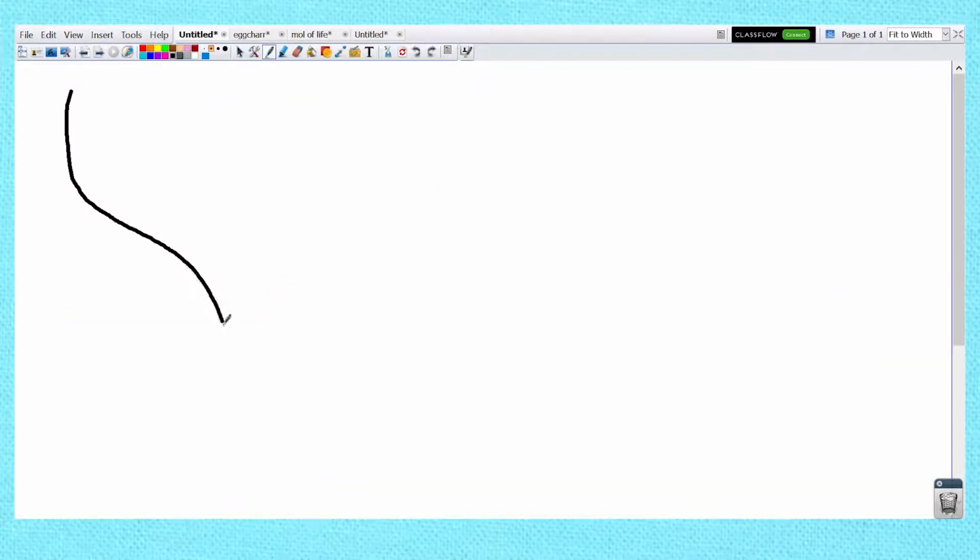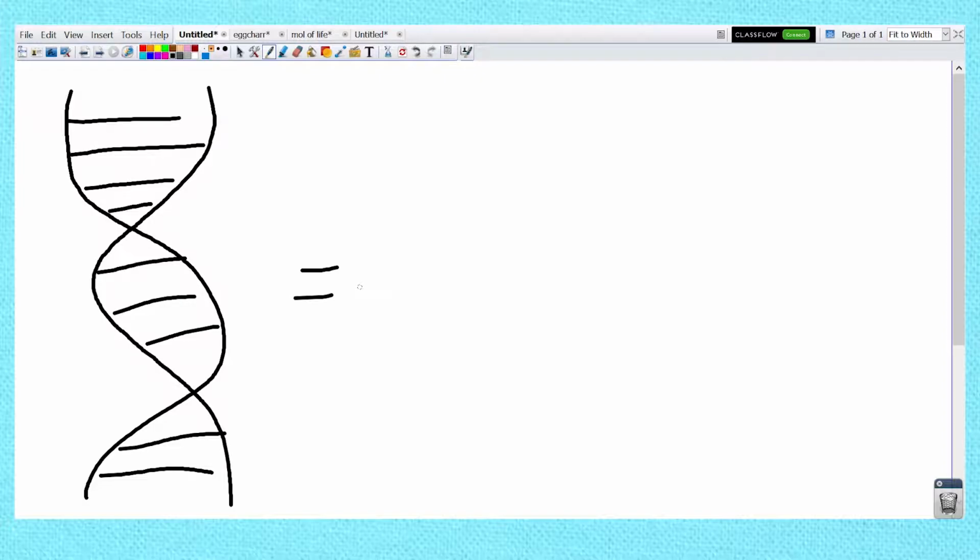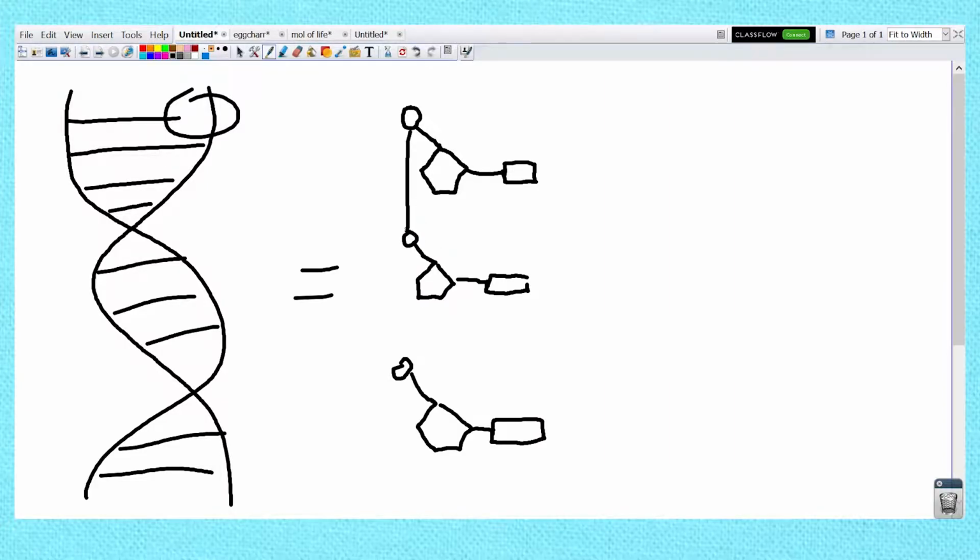This is how you will see the DNA drawn most of the time. You could also probably draw it like this. Phosphate, sugar, nitrogen base. That's one, remember? That's one little section. Phosphate, sugar, the sides are connected. And then on the other side, you have the exact same thing.